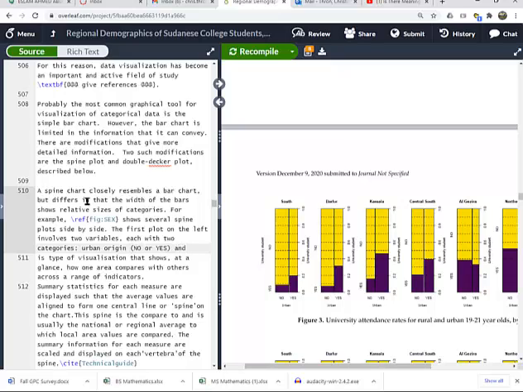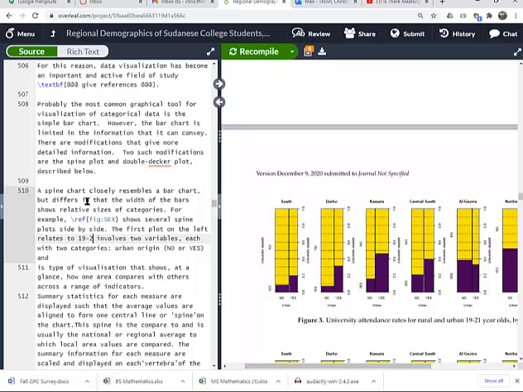Let's say it pertains to, or relates to, 19-21-year-olds in South region, and involves 2 variables, each with 2 categories: urban origin and university student.